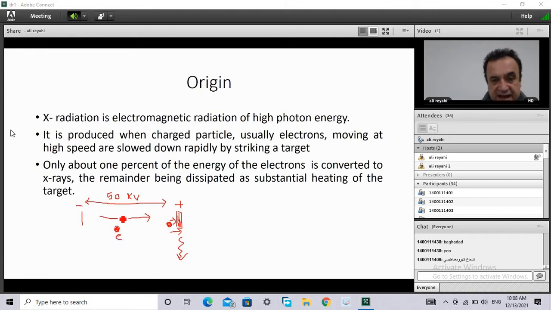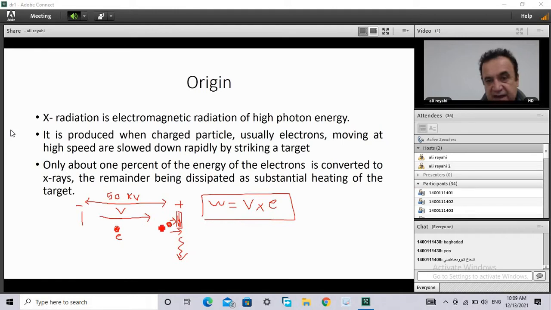You know, in physics, if we want to calculate the energy of this electron, it is pretty easy. The energy of the electron, when it is attracted toward the positive electrode, will be this voltage multiplied by the charge of the electron.